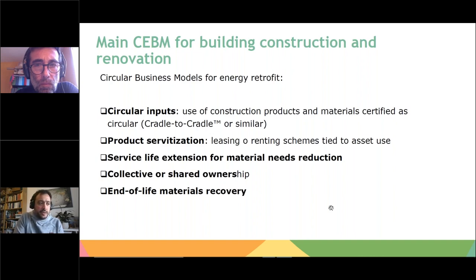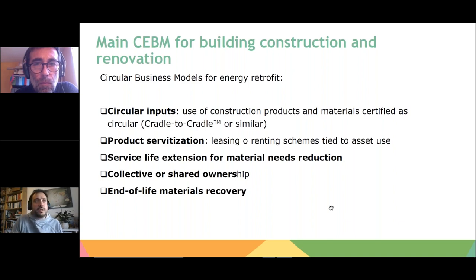It's something that the industry is already doing right now, because it qualifies the building for being more sustainable and more circular. And the most prevalent building certification schemes like LEED or BREEAM are already incorporating this kind of metrics related to material inputs and embodied carbon minimization towards decarbonizing the building stock.